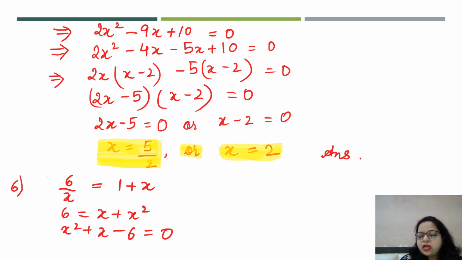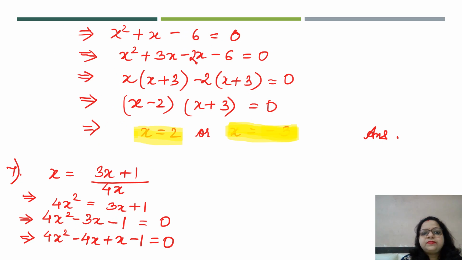Now coming to the next slide, children. x square plus x minus 6 is equal to 0. We will take two terms whose product is minus 6 and on addition they give you x, the coefficient 1. That is 3 and minus 2. 3 into minus 2 will give you minus 6.